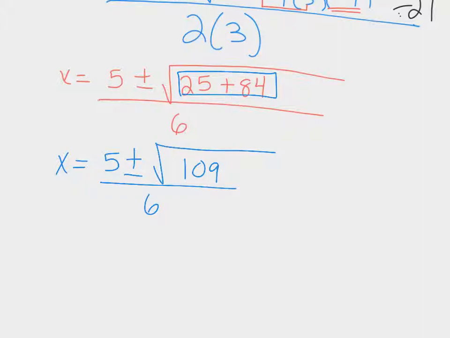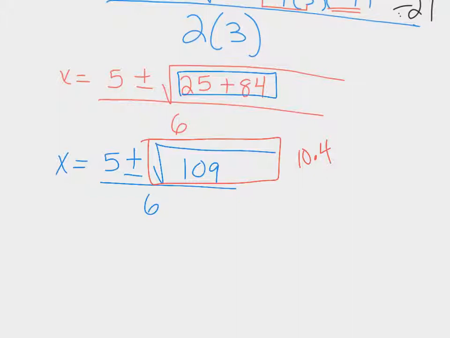I have to take the square root of 109, but that's not a perfect square. So what I need to do is figure out what the square root of 109 is. On your calculator, if you do the square root of 109, it's 10.4, about.